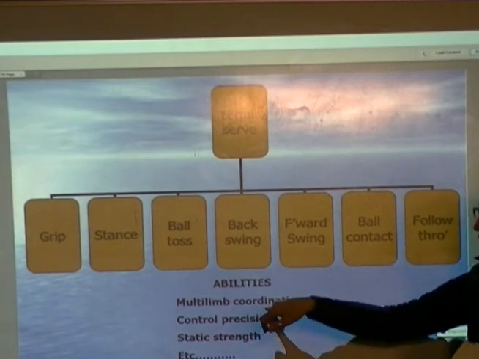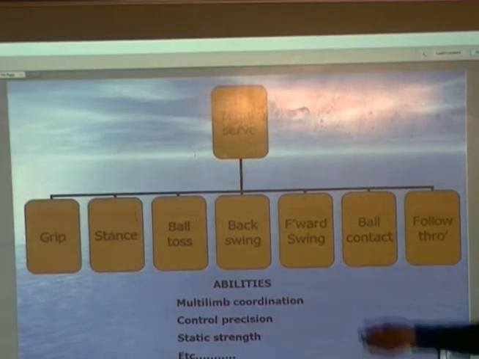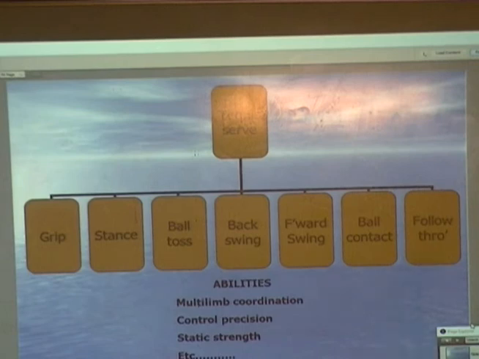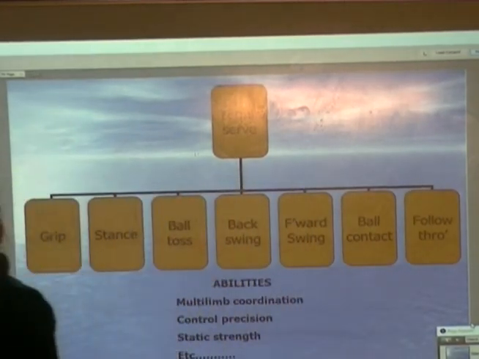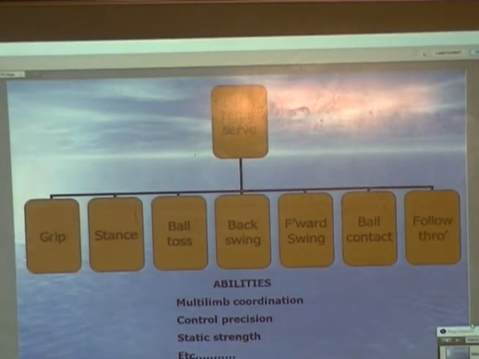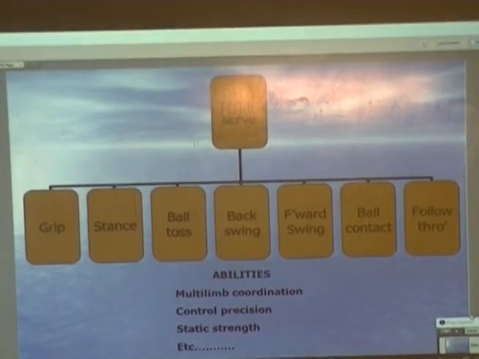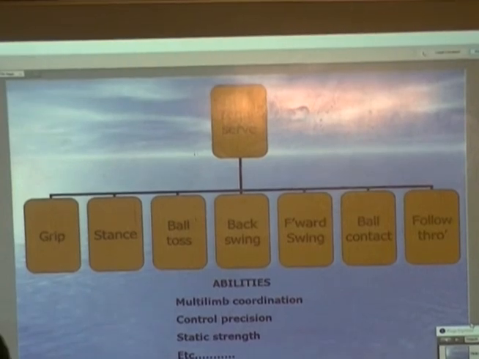I've got to have multi-limb coordination, because both arms are doing different things. My arms are doing something different to my legs. So if I identify the abilities, then can I come up with some little games that would work on that ability? Does that make sense?